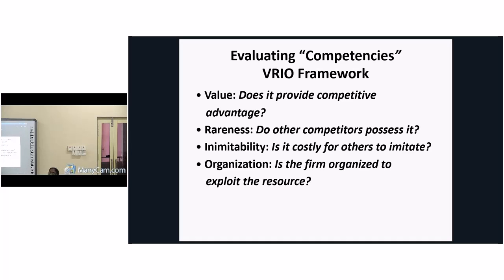So firstly you look at whether it provides you competitive advantages. If the particular competency does not provide competitive advantages, we omit it. We do not consider it a significant strategic factor. So these competencies should provide you value, should provide you competitive advantages.